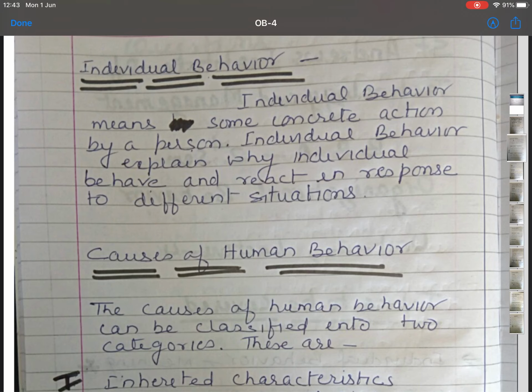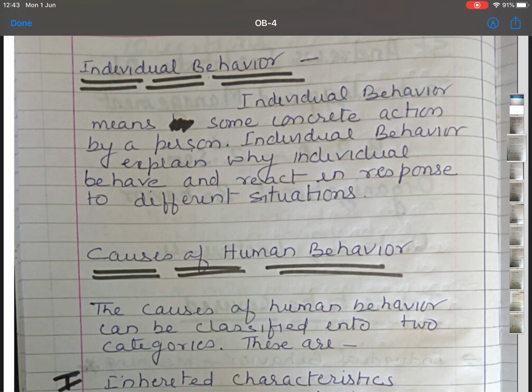Individual behavior explains why individuals behave and react in response to different situations, because every individual behaves and reacts differently in different situations.